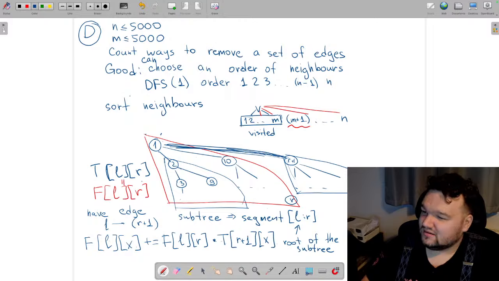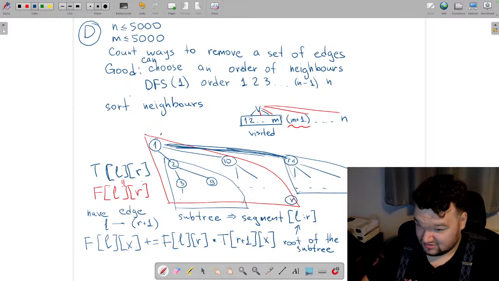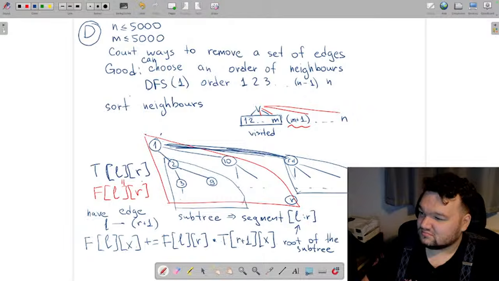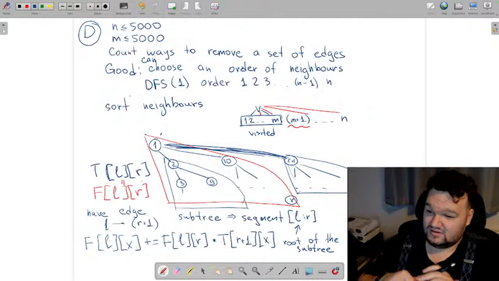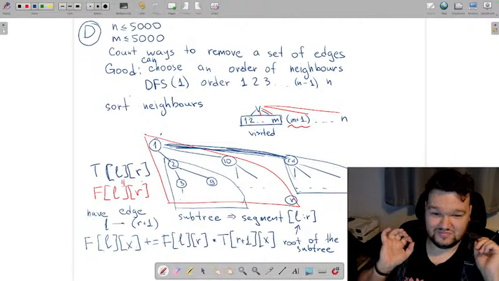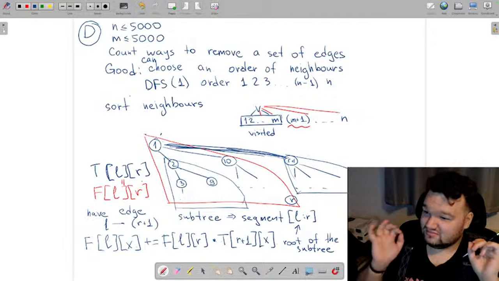Let me try to turn off the stream, reduce the resolution, and turn it on again. Hopefully it will be better now.